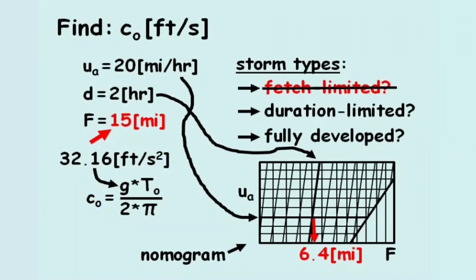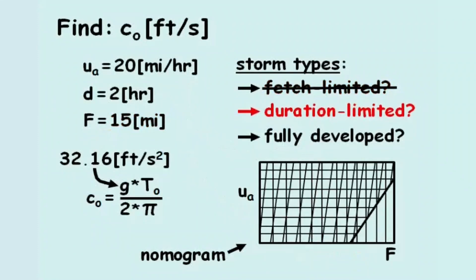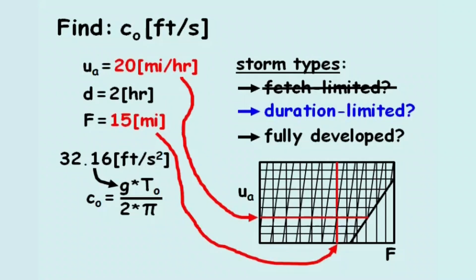Next, we'll check to see if the storm is duration limited by identifying the intersection of the lines corresponding to a 20-mile-an-hour wind speed and a 15-mile-long fetch. This point corresponds to a duration of 3.6 hours.